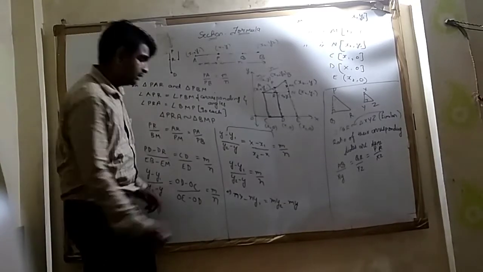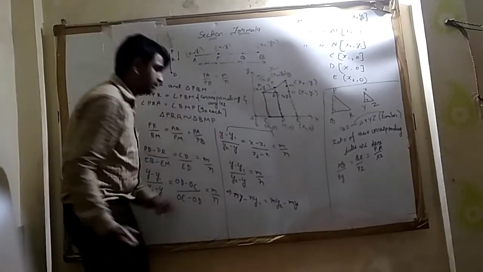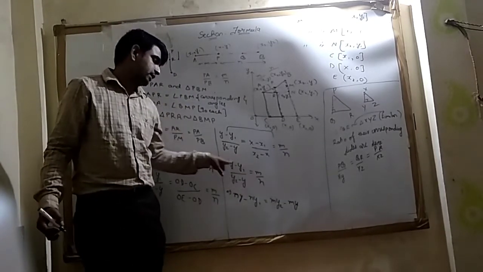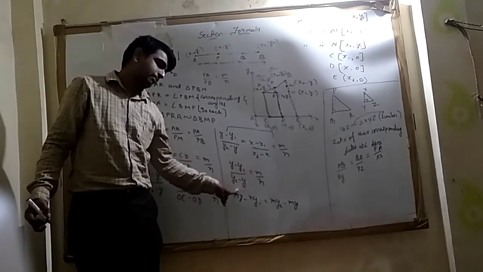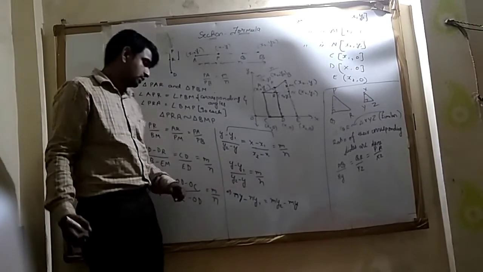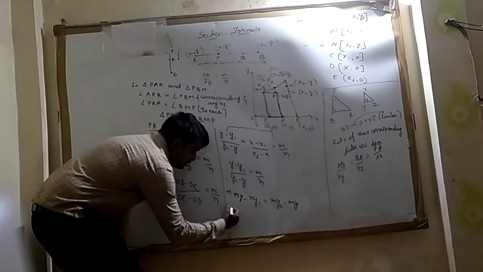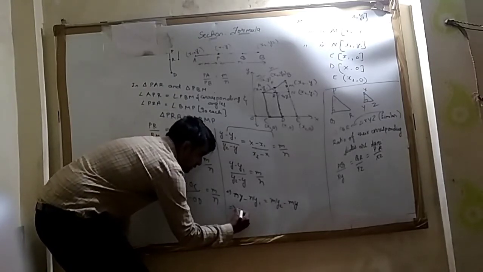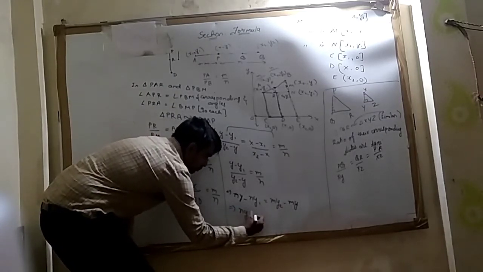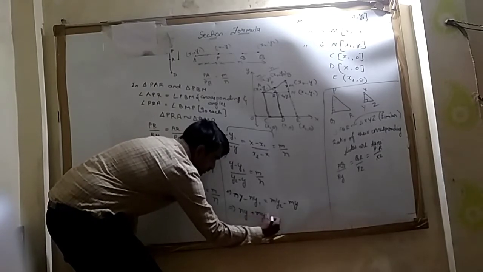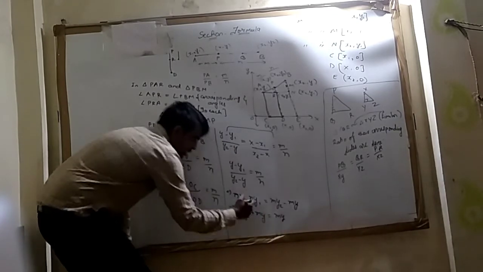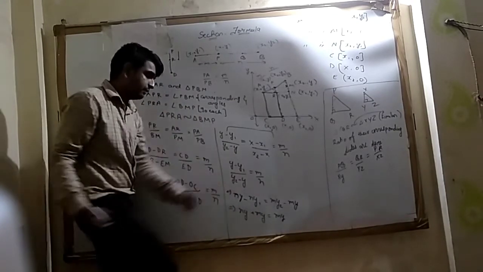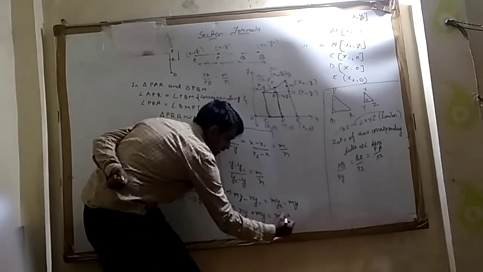What I have done here, I have just cross multiplied this. I have multiplied n by these two terms and m by these two terms. Now bring this here, ny plus my, and shift this ny1. It is negative, so when I shift it to that side, it becomes positive.